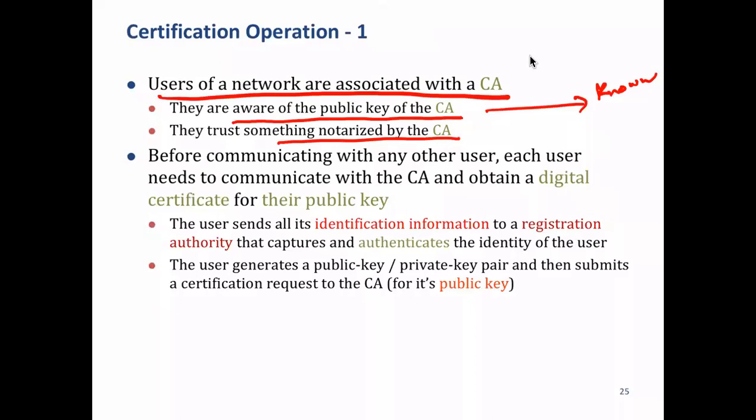So before communicating with another user, a user will get a certificate for their public key. Okay. All right. So this we already know. In order to do that, for example, Alice goes to CA. What CA will ask for is Alice's identity and public key.